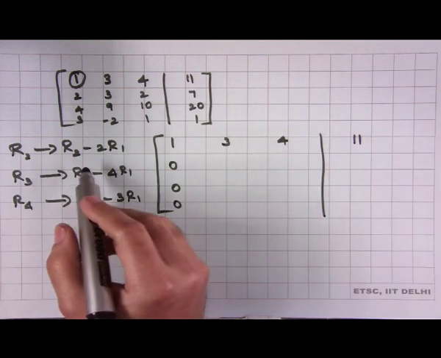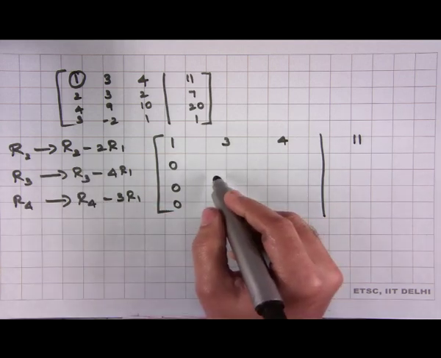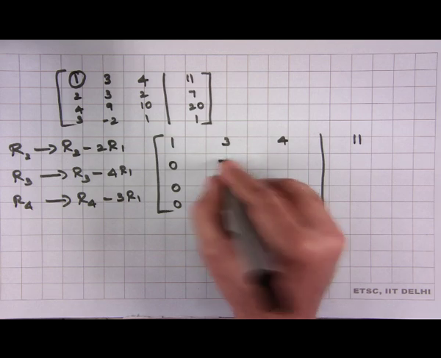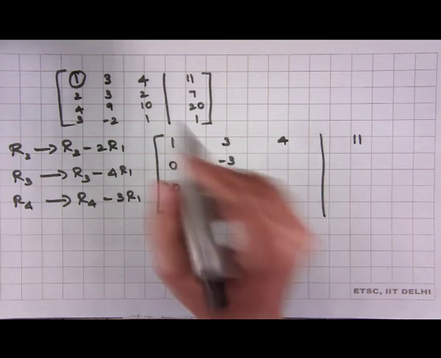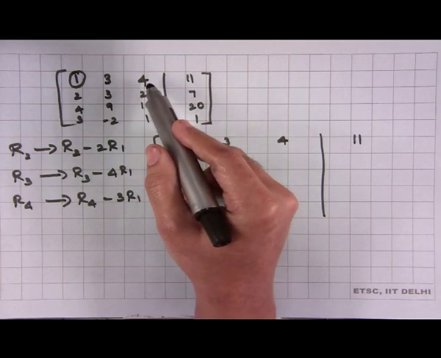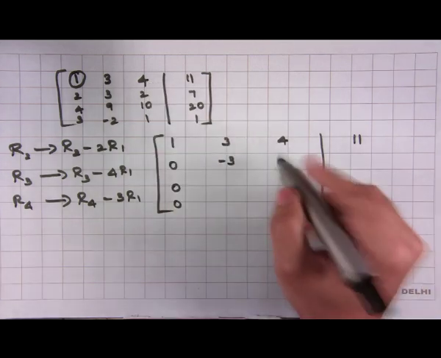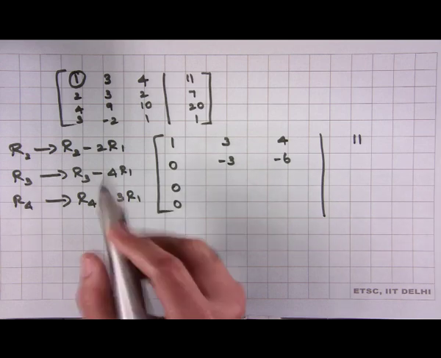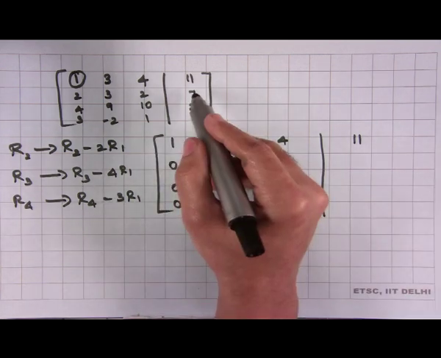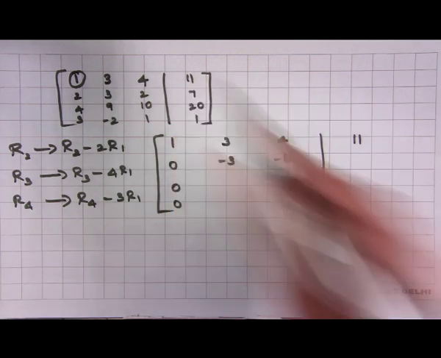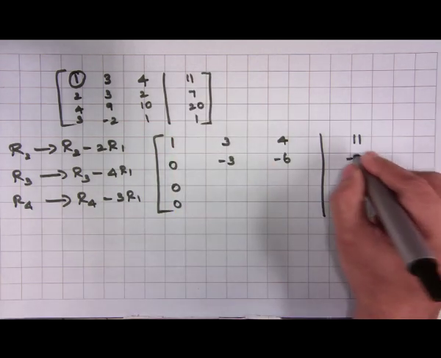R 2 is replaced by R 2 minus 2 times R 1. So, 3 minus 6, which is minus 3, 2 minus 2 times 4, so you will again have minus 6, 7 minus 2 times 11, so 7 minus 22, which is minus 15.